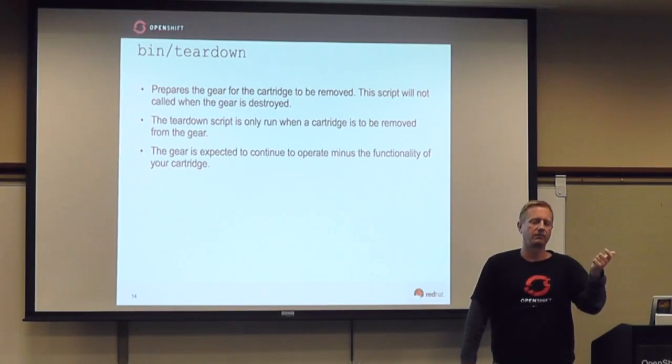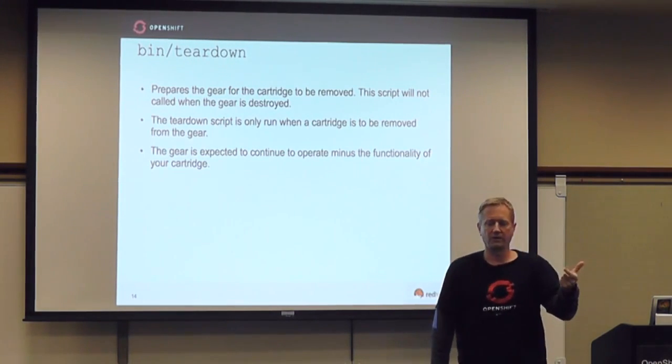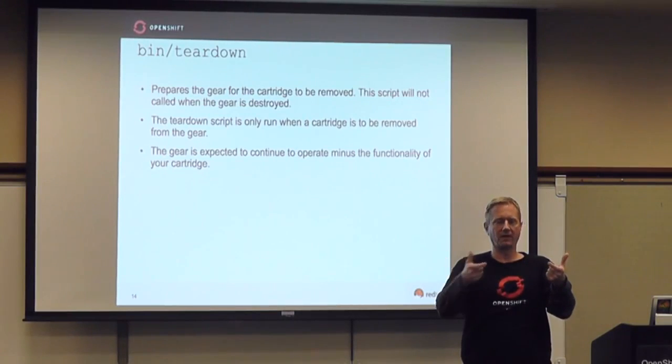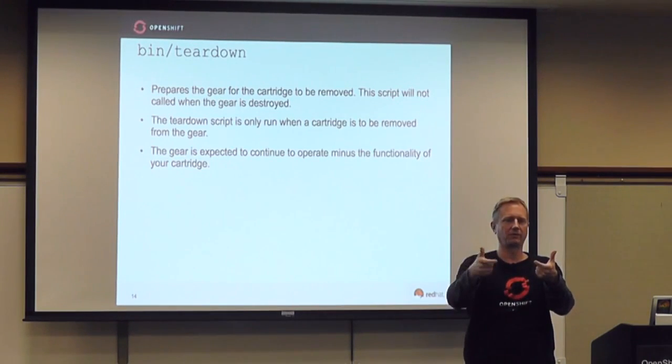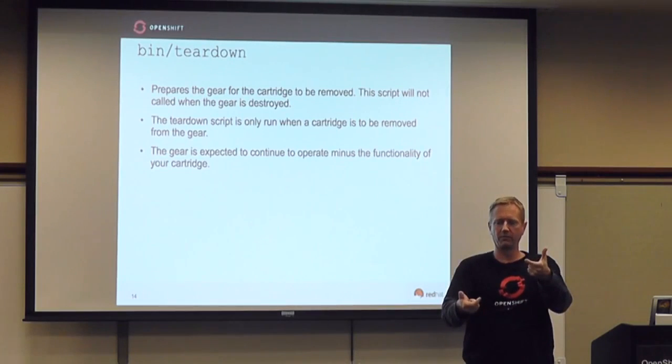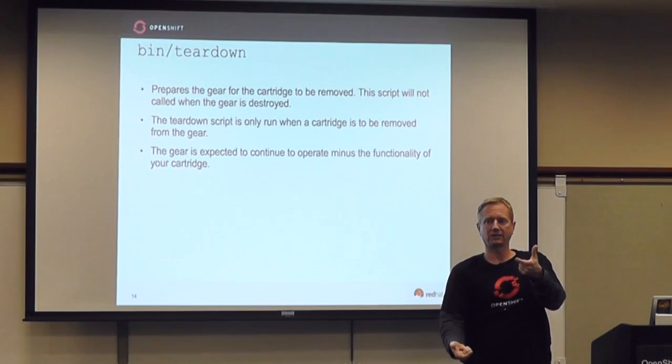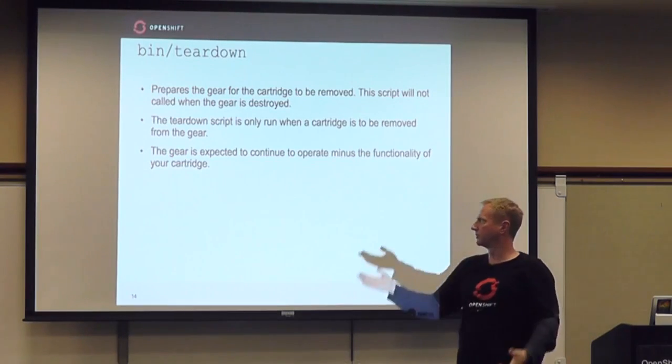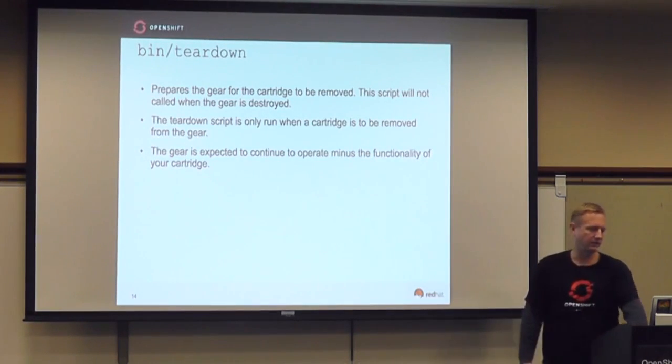A good example is if I've got JBoss and a database, and I say, wait a minute, I want to keep JBoss, but I just want to get rid of this database, because maybe I want to replace MySQL with Postgres. So I get rid of the MySQL database. Is there some cleanup I need to do when I get rid of MySQL? So there's an option to do a teardown.